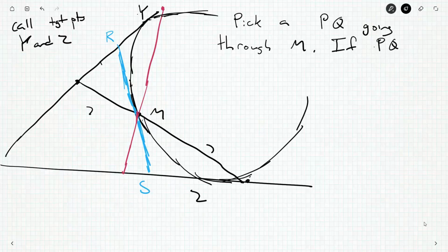If PQ is not tangent, so what makes it not tangent? Well, then it would pass through the circle twice rather than once.